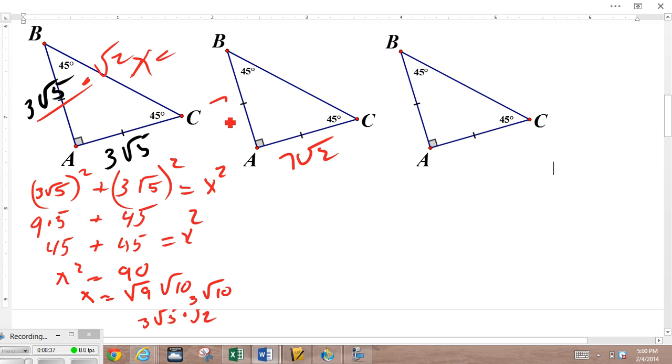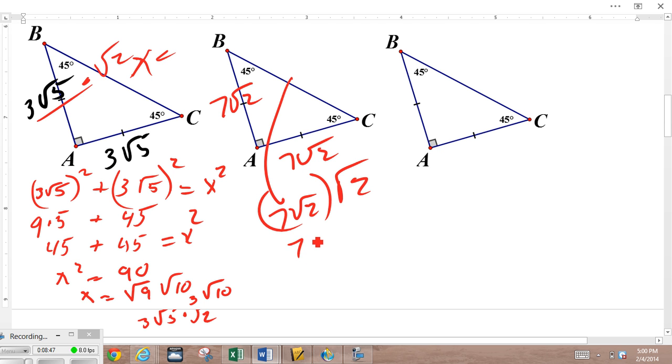So let's say this is 7 the root of 2. Well, then this side is also 7 the root of 2, and the hypotenuse, bring it down here, is 7 the root of 2 times the root of 2, which is 7 the root of 4. It doesn't make sense to have the square root of 4, so we just say it's 7 times 2, which is 14. So here's the hypotenuse standing in as 14.